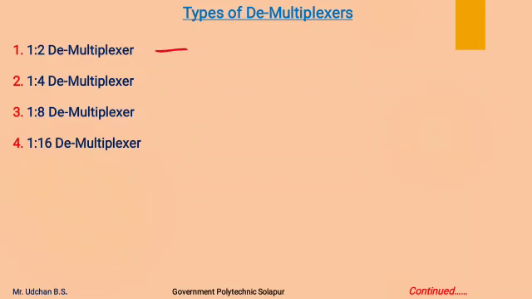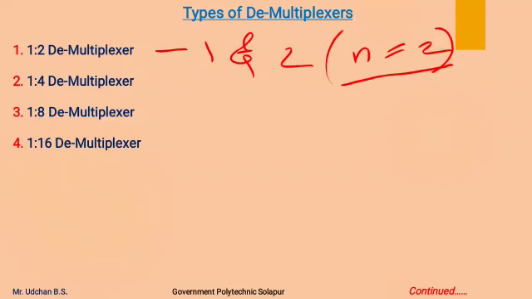The 1 is to 2 demultiplexer has one input and two outputs, that is, n is 2 for this case. So here we are going to decide the number of select lines from the number of output lines using the same formula.